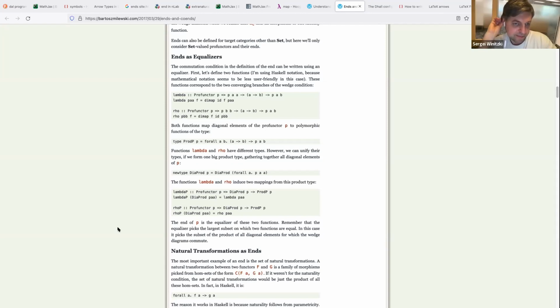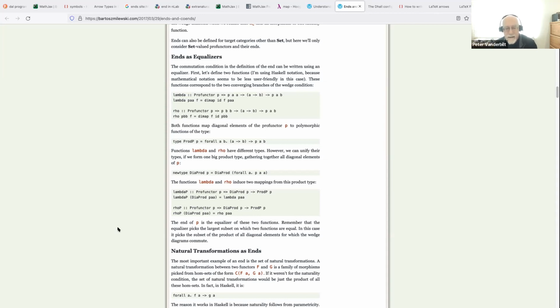I'm sorry, were you done with what you were saying? Absolutely. Okay. He basically says, here's lambda, here's rho, and then we can define this type prod P of P, which is for all A B, that thing. And then he says you can express lambda and rho in terms of that. But is that really right?